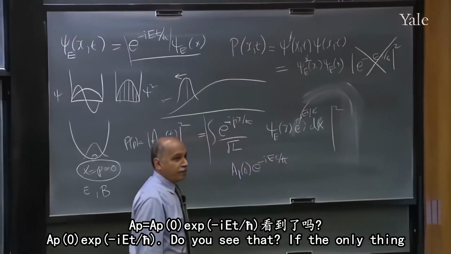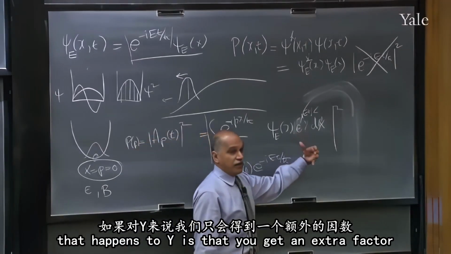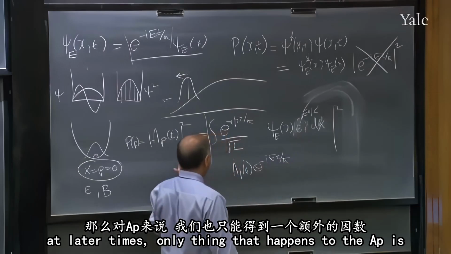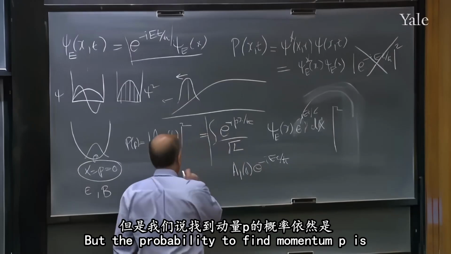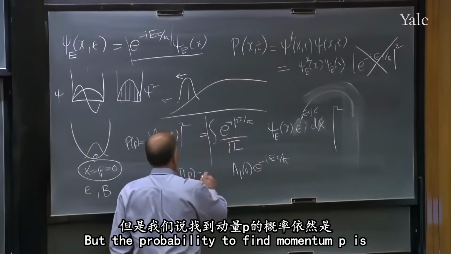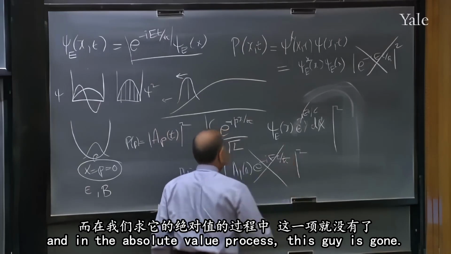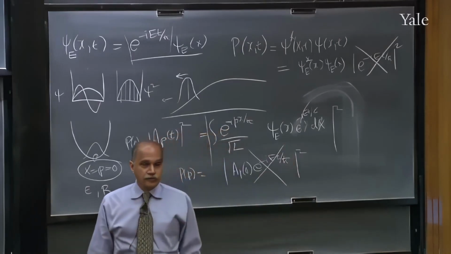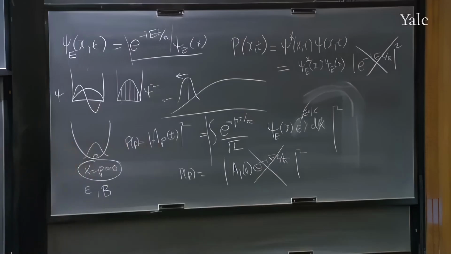Do you see that? If the only thing that happens to psi is that you get an extra factor at later times, the only thing that happens to the a sub p is that it gets the extra factor at later times. But the probability to find momentum p is the absolute value square of that, and in the absolute value process, this guy is gone. You follow that?